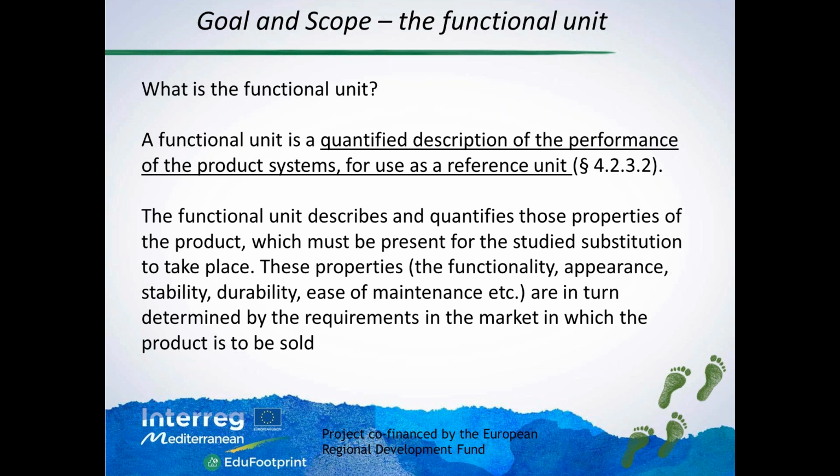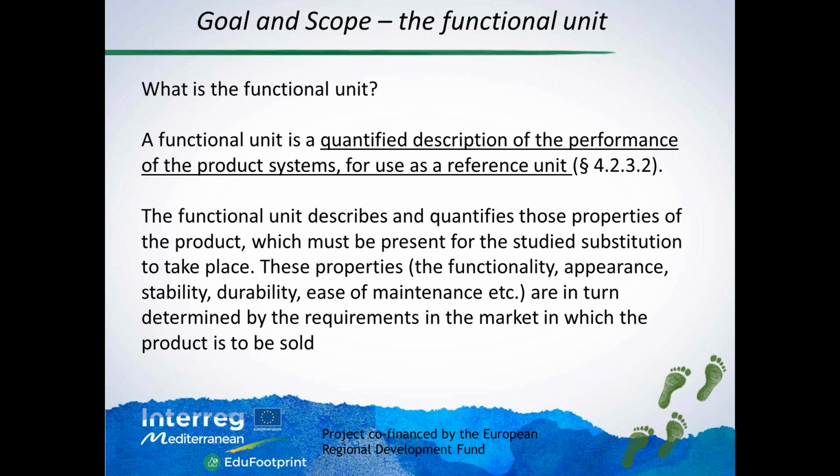The functional unit describes and quantifies those properties of the product which must be present for the studied substitution to take place. These properties, for example, its functionality, its appearance, stability, the durability of a product, ease of maintenance, and so on, are in turn determined by the requirements in the market in which the product is to be sold.